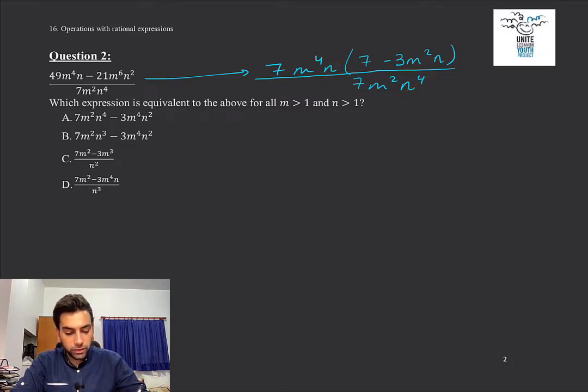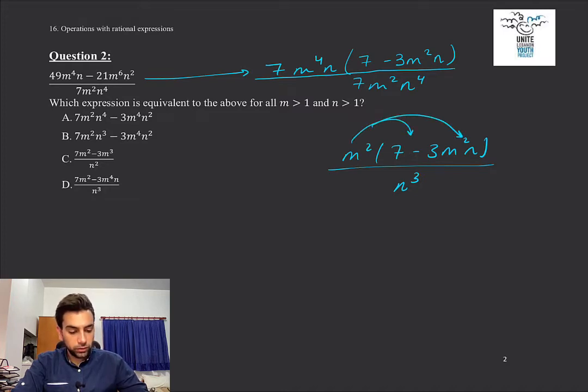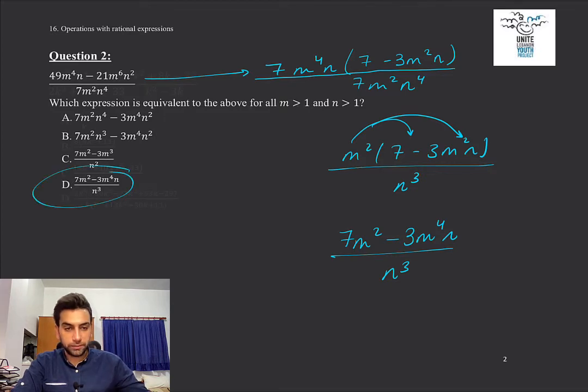Thus, we will be left with m squared into 7 minus 3m squared n over, now here we'll be left with n to the 3. If you distribute again this m squared for the two parts, you will be left with 7m squared minus 3m to the 4n over n cubed, which is choice number D.